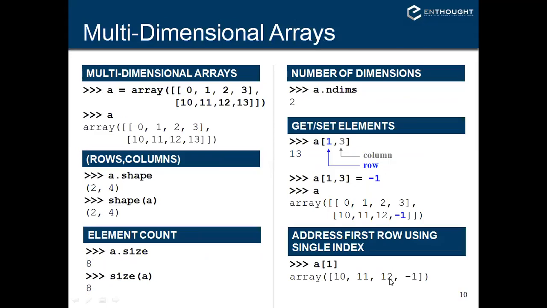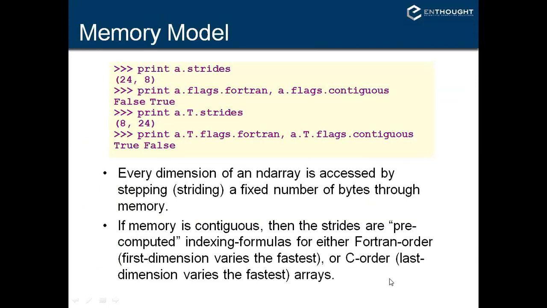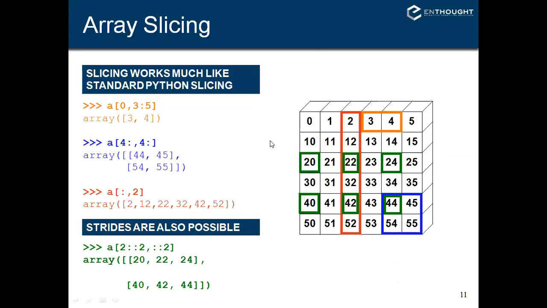Now moving ahead from this particular slice. Our memory, when we talk about NumPy, is contiguous. Then all the strides are pre-computed here, right? So we can have very fast, the fastest kind of access for every piece of information.